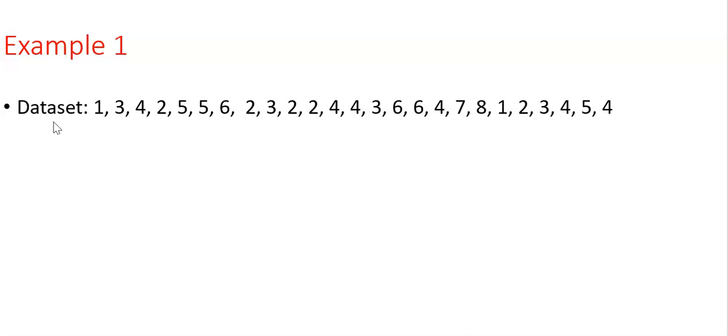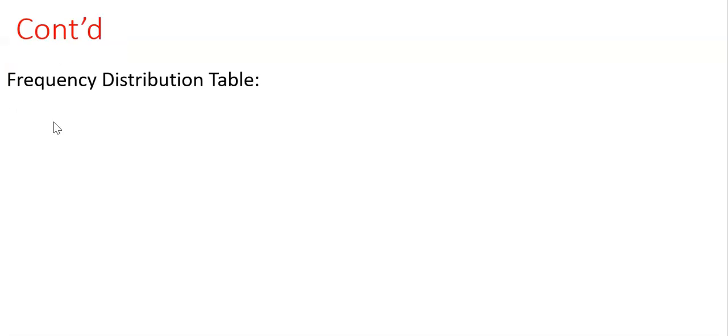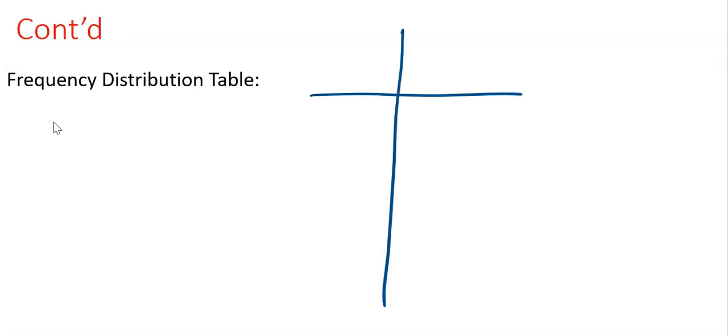So what we want to do is draw a frequency distribution table for this dataset. A frequency distribution table is simply a table of the dataset. So let us say we want to draw a table where we have here the ration card size.